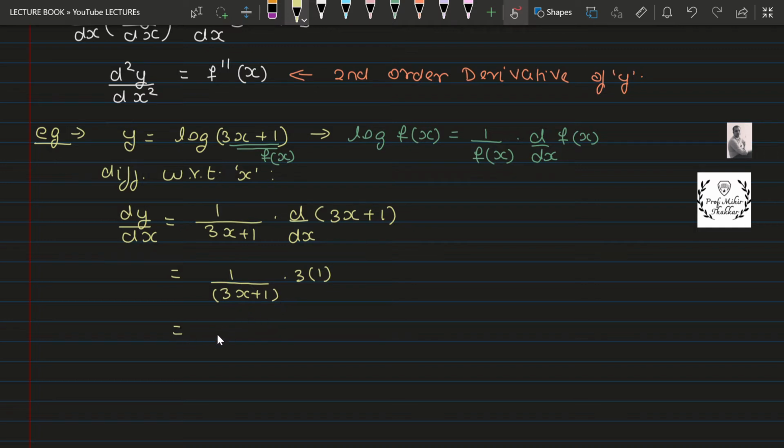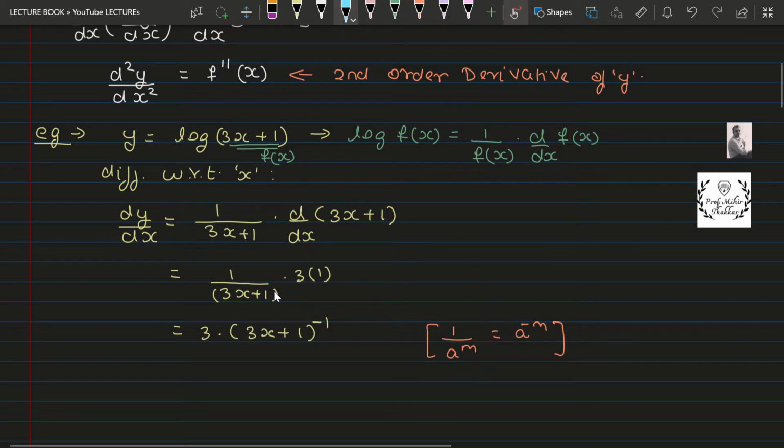So finally this becomes 3 multiplied by (3x plus 1) to the power minus 1, because I am applying the law of indices: 1 upon a raised to m can be written as a to the power minus m. If an element is transferred from denominator to the numerator, the power becomes negative. And here, since nothing was in the power, I consider 1. So 1 becomes negative 1 over here. Okay guys.